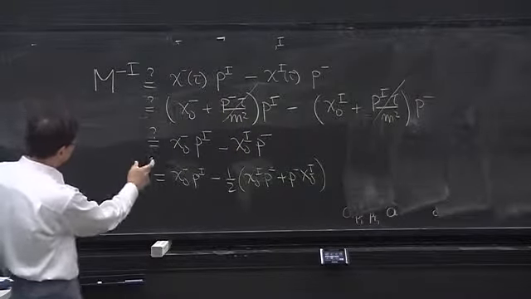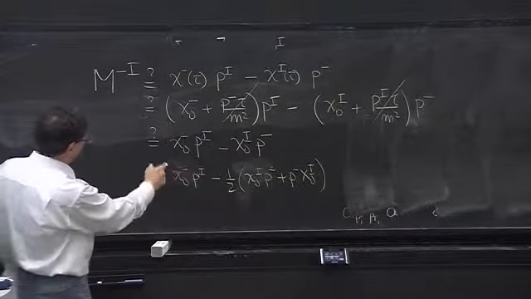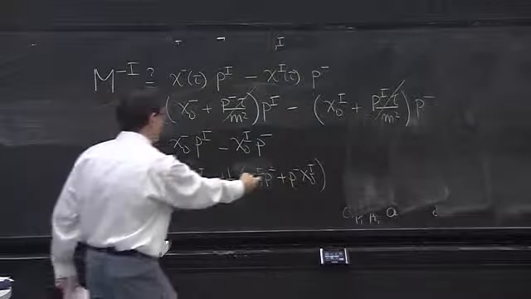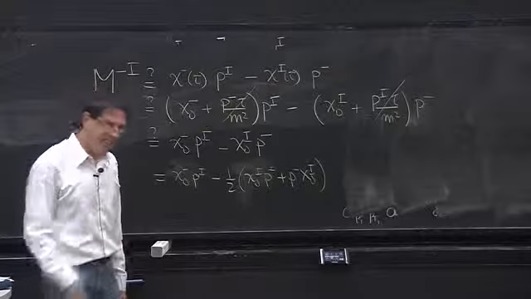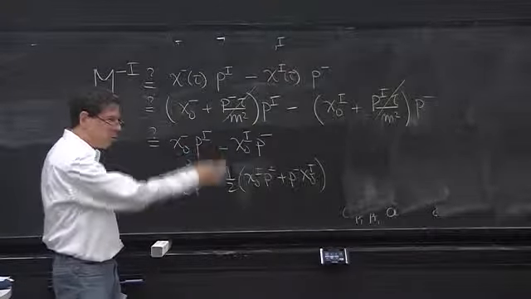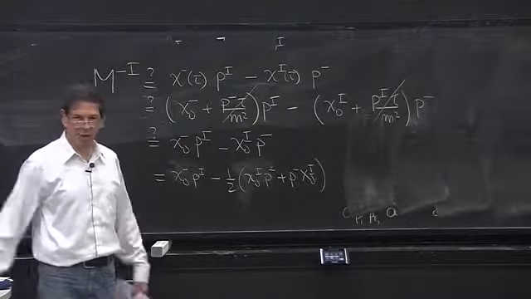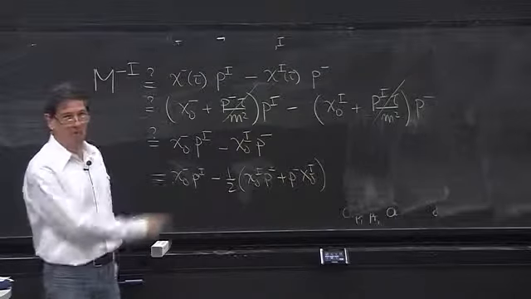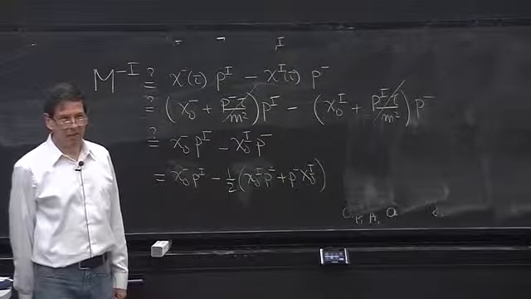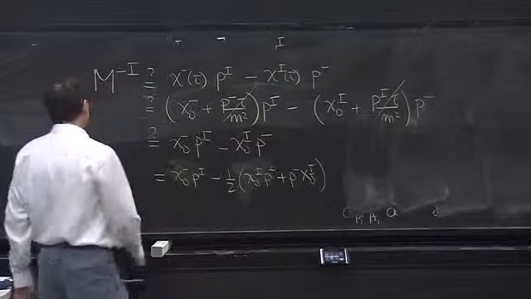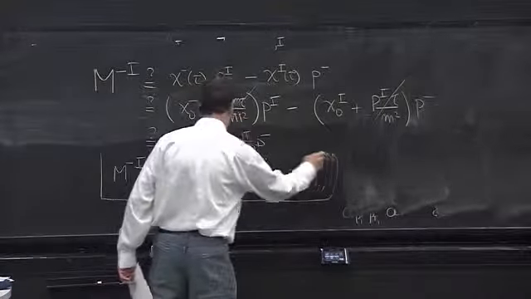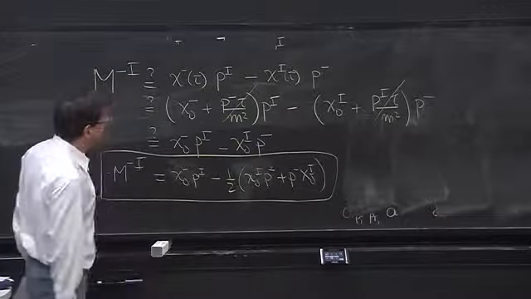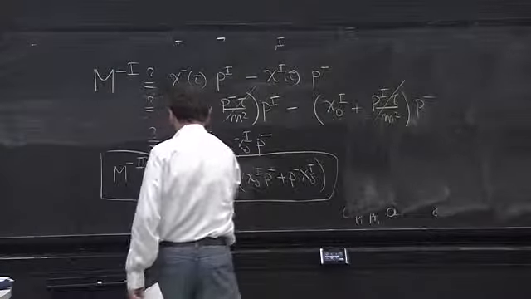You take this thing plus its Hermitian conjugate, and you divide by 2. In the classical theory, this would be probably the right thing to do because they're the same. So you hope this works. But you must check it. So this is the tentative expression for m minus I. And one must check that this algebra holds.